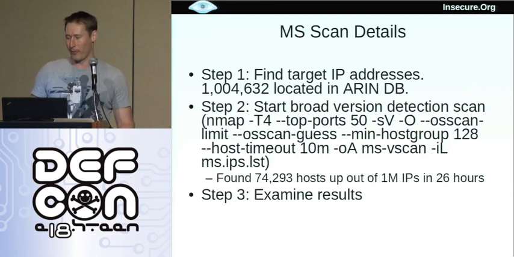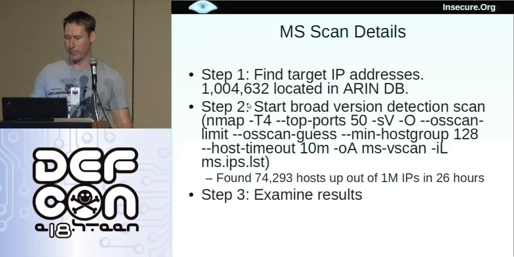I started with a broad version detection scan. So basically this scan, I didn't want it to be super intrusive and detailed for the first scan. I kind of wanted to have an idea of what was there, and then I could scan further on once I've seen the initial results. That gives me faster results and makes it less likely to raise a lot of eyebrows.